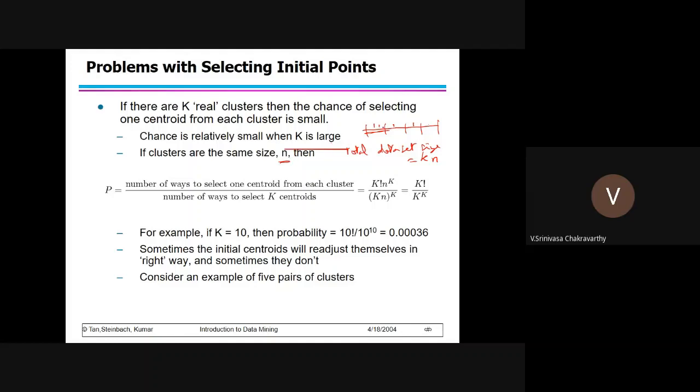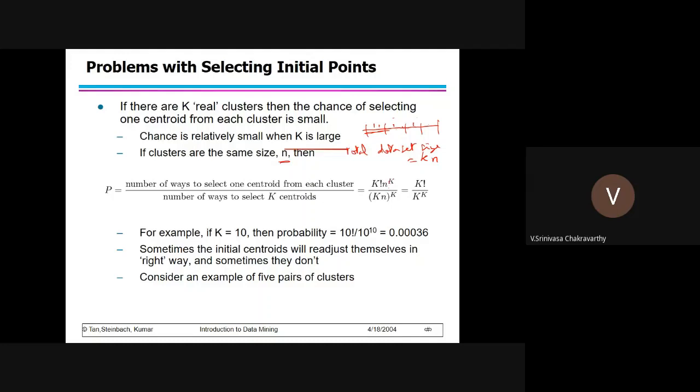Within each cluster there are n points, so I can take a point from the first cluster in n different ways, from this one also in n different ways, and here also in n different ways. So the number of ways in which I can select one from each of the clusters is n times n times n, and so on, k times. So that is n power k.